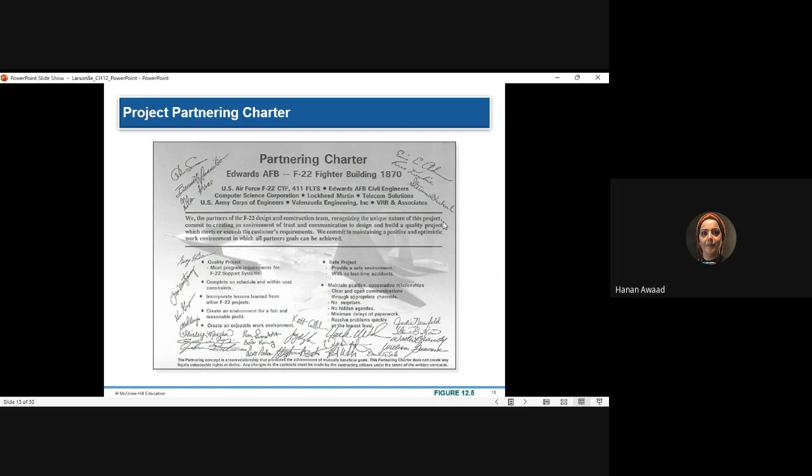For example, if I have new personnel in my premises, how will this affect health and safety? Do I need to give them some training? Do I need to give them special gear? Do I need to give them specific access to certain areas or certain information or certain platforms? So again, we create a charter for this partnership.